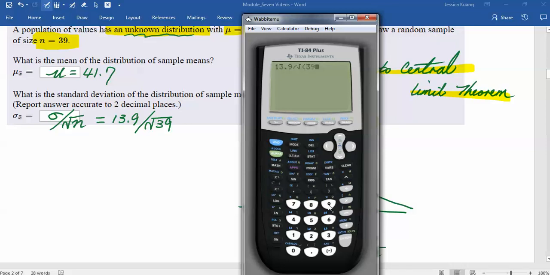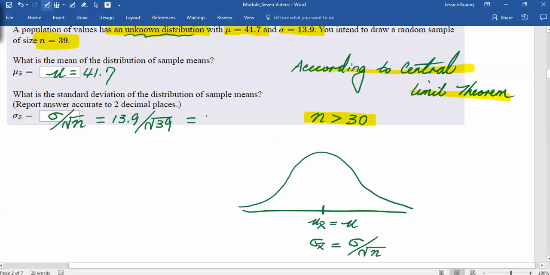And enter 39. Close the parentheses. And this is the standard deviation of sample mean. Rounded to 2 decimal places, my answer will be 2.23.